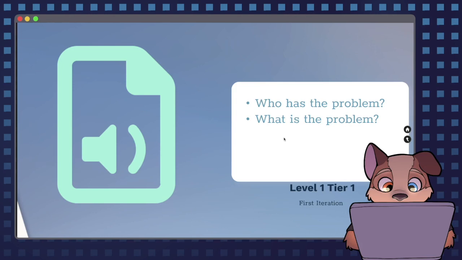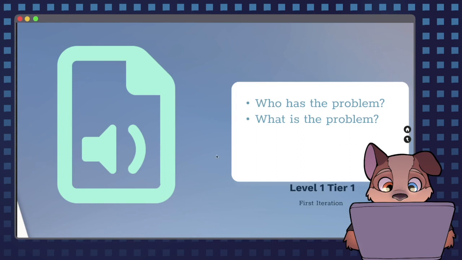And so that's why I think of this as a tier 1, requiring that high familiarity. We're going to work on getting this from a tier 1 response to a tier 3, where even just listening to it now, you'll be able to understand who has the problem and what the problem is.